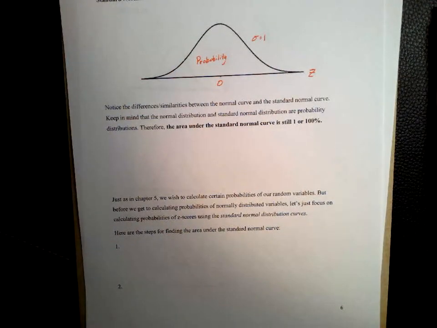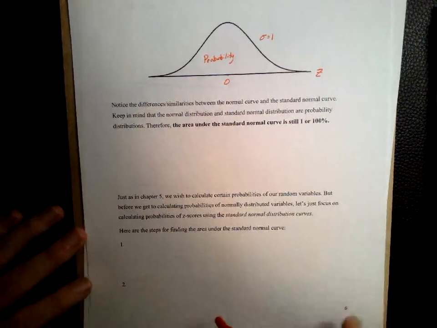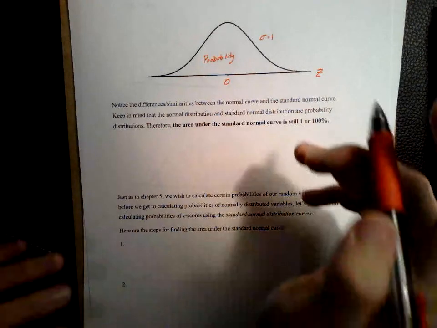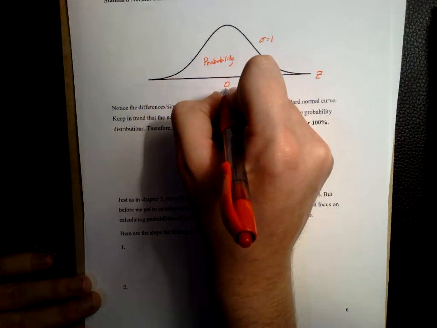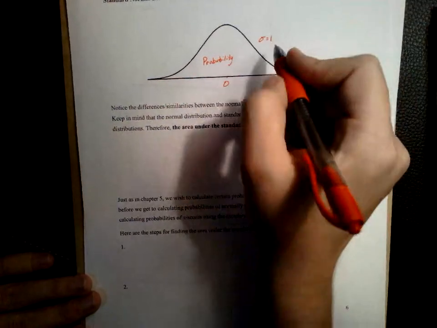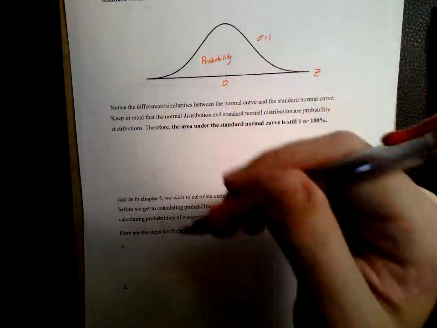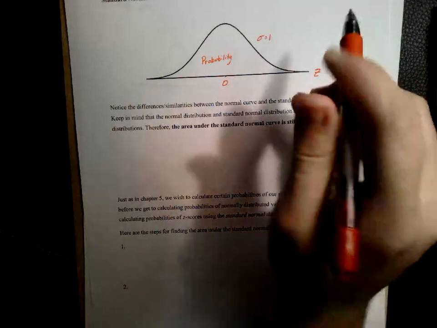Therefore, the area under the curve represents the probability. Notice the differences and similarities between the normal curve and the standard normal curve. So in the normal curve, the mean here was the actual mean of our sample or the population, and the sigma was just the population standard deviation or our sample standard deviation.